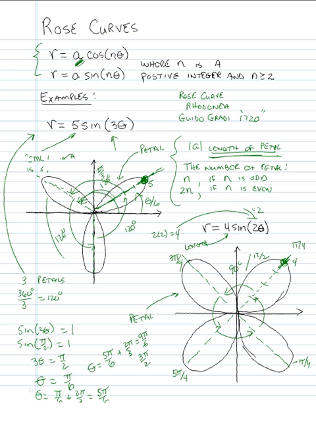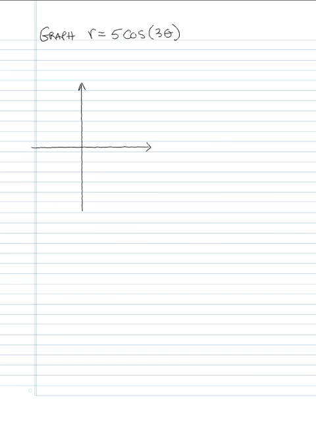Okay. Well, on the next page, I'd like to start fresh and graph one particular one. We'll get started there. Okay, here, let's graph r is equal to 5 cosine of 3 theta. So let's gather some information.